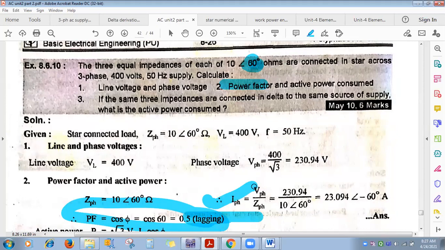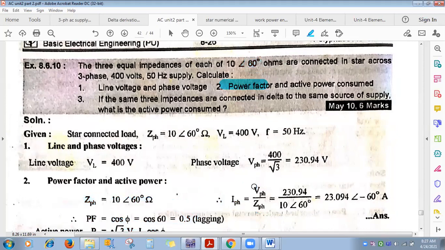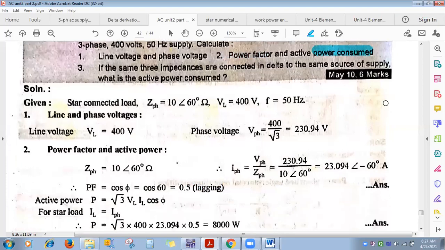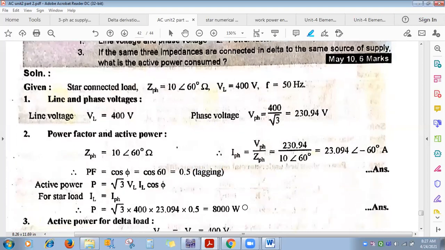Then you should know nature also. Got it? So if angle is positive, means it's a series RL. So for RL inductor, whenever it is there, current lags. That's why lagging is the correct option. Got it? Okay. Power consumed, you can calculate 3 times VPH IPH cos phi or root 3 times VL IL cos phi. Any of the formula, same, whatever we have seen up till now.